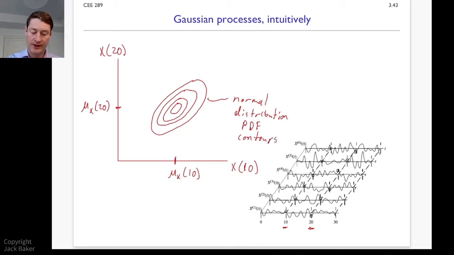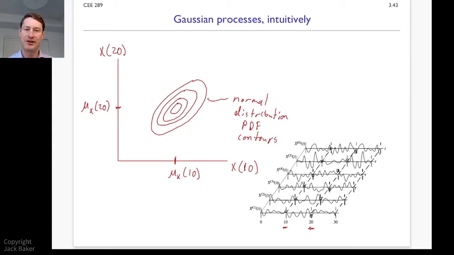If I could draw well, those would be ellipses of constant probability density. And so the means are defined by the mean function, and then there's going to be some variance of x at time 10 and variance of x at time 20 that'll come out of the covariance function. And then the autocovariance will also specify how dependent we are at time 10 and time 20 as a pair. And so if I picked those two times, I would have a bivariate normal PDF for this distribution.